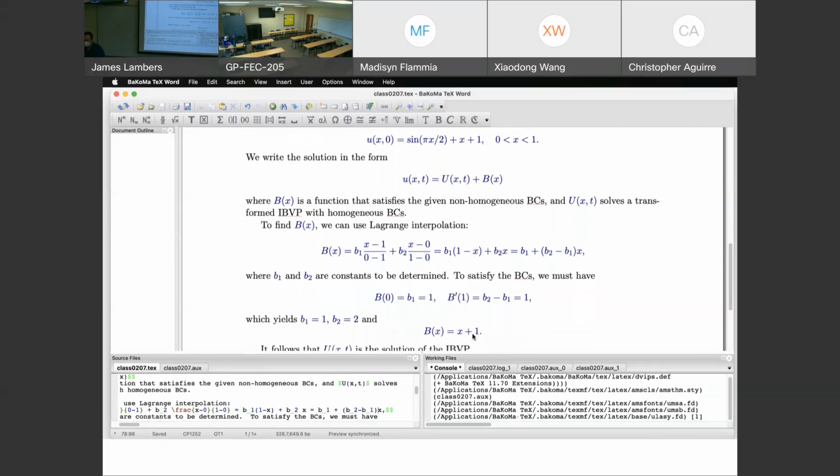And here I have my boundary function. So x plus 1 is a linear function that satisfies the original boundary conditions. All right, questions?